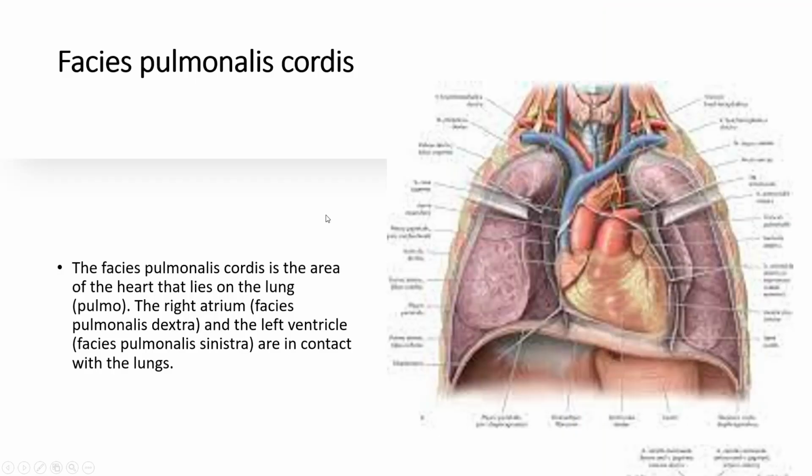Facies pulmonalis cordis. The facies pulmonalis cordis is the area of the heart that lies on the lung, the pulmo. The right atrium, facies pulmonalis dexter, and the left ventricle, facies pulmonalis sinister, are in contact with the lungs.